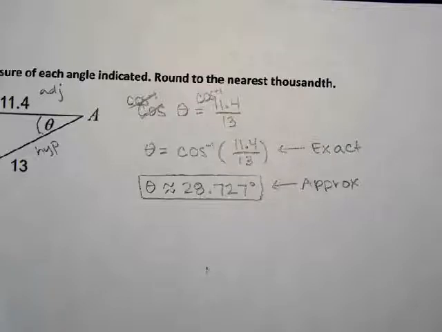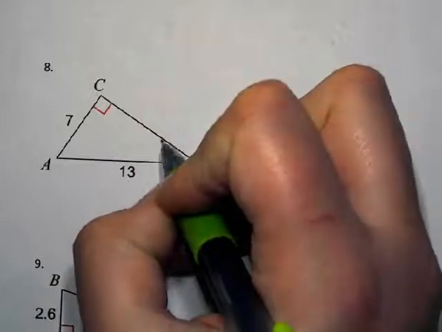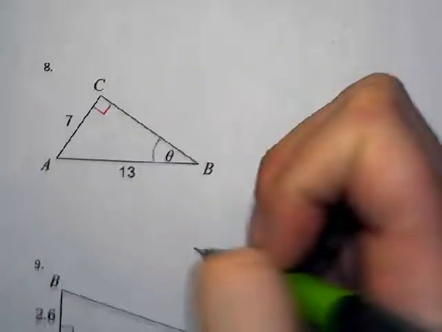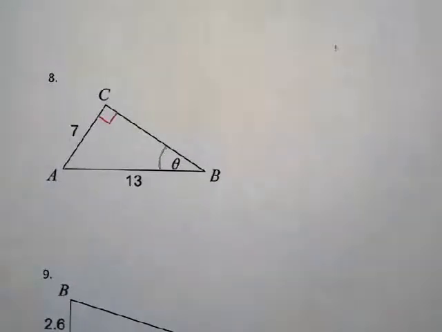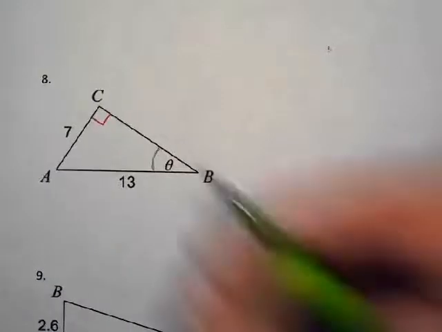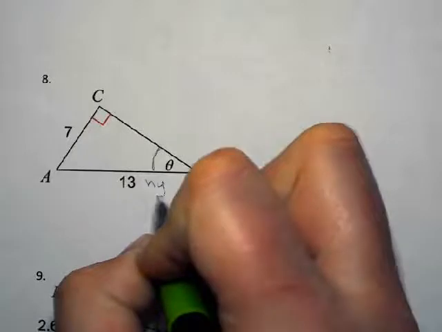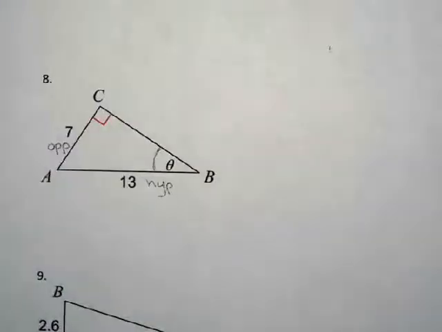Okay. All right, let's try the next one. So here's our theta. Let's write the names of the sides. So what's the name of the 13? Hypotenuse. What's the name of the 7? Opposite. So what trig function are we using? Sine.